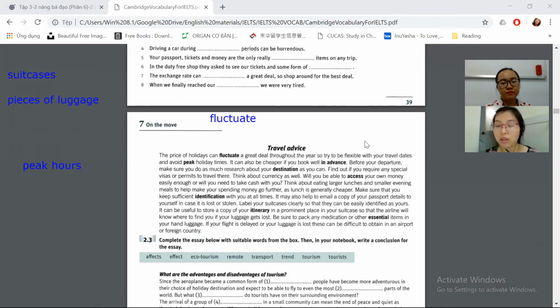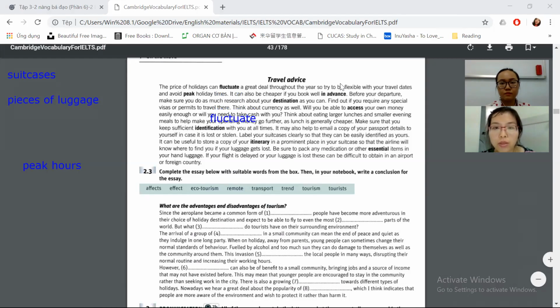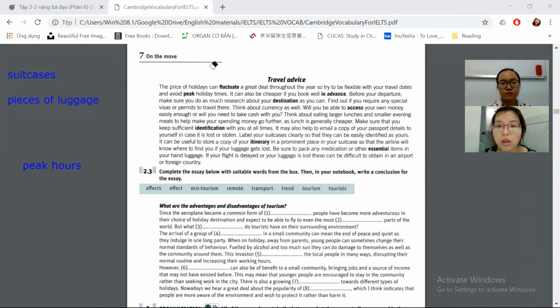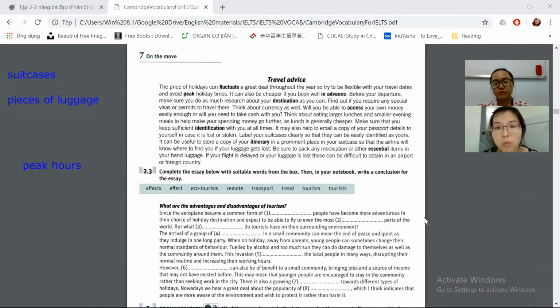The price of holidays can fluctuate a great deal throughout the year. So try to be flexible with your travel dates and avoid peak holiday times. It can also be cheaper if you book well in advance. Before your departure, make sure you do as much research about your destination as you can.